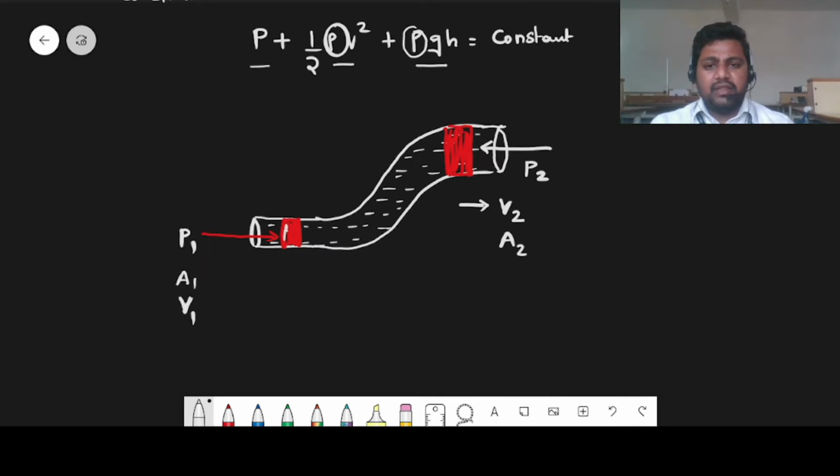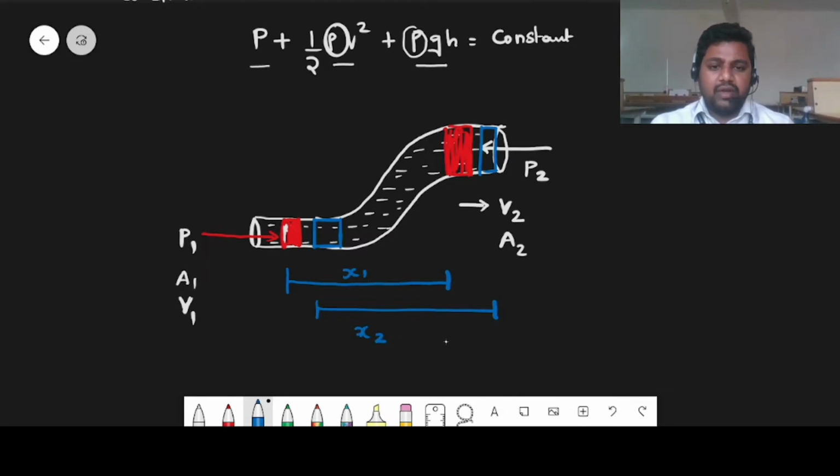Let's say the liquid which is present in between these two markings is displacing a little to a new position. That means it has shifted from its initial position from here to here. Let's say it is initially x1 and it becomes x2.